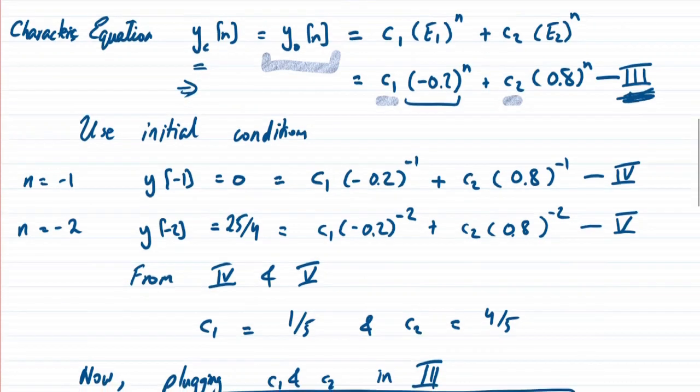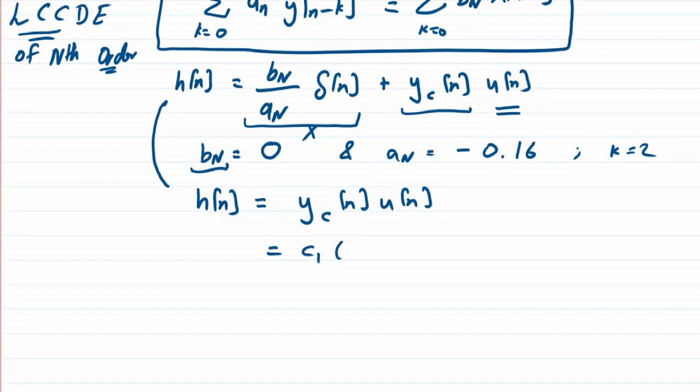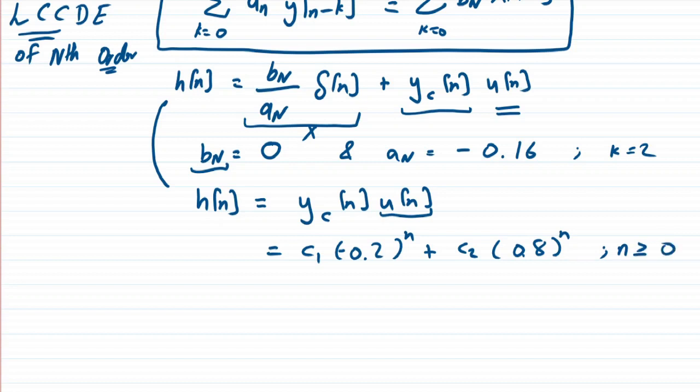So this is simply c1 times minus 0.2 power n plus c2 times 0.8 power n, and for this we are saying that n is greater than or equal to 0. So this is actually our impulse response, h of n.